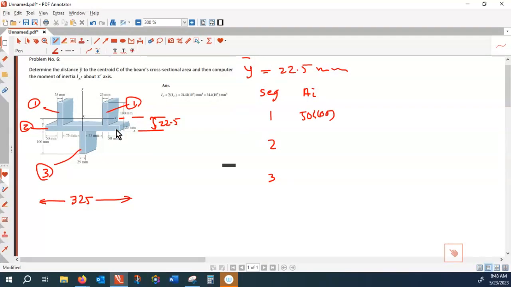The centroid of this shape is 25 plus 50, that's 75. So 75 take away 22.5 is 52.5. That is the distance between the centroid of the first shape and the x-axis. So this is D1.